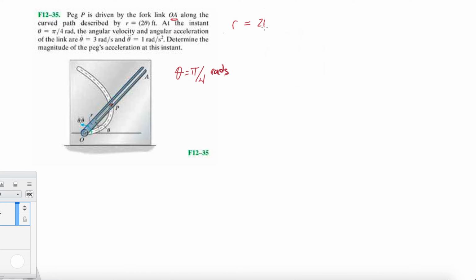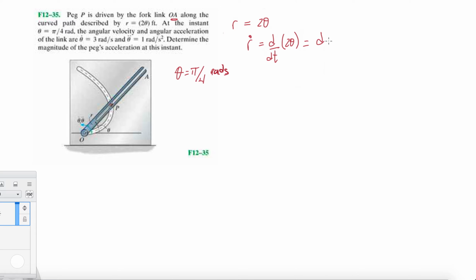So R equals 2 theta. If I take a time derivative, we're going to be using the chain rule a lot for these problems, because we're taking a time derivative of something with respect to t, but there's no t inside your function, so you're going to have to use the handy dandy chain rule.